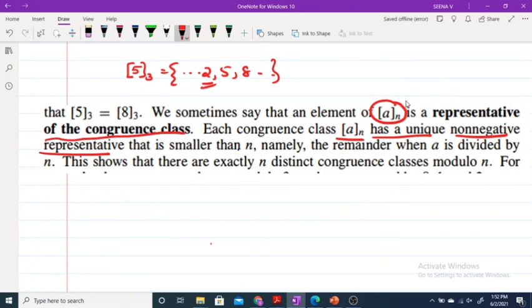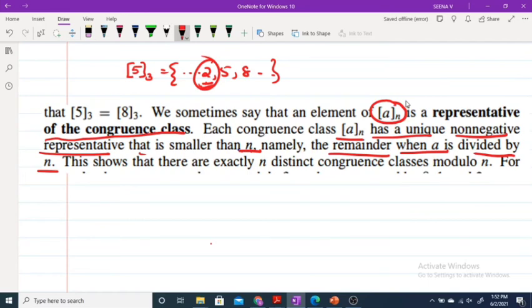That means there exists a non-negative representative and clearly that is smaller than n. Here we have 2, and clearly that is smaller than n. Namely, the remainder when a is divided by n.